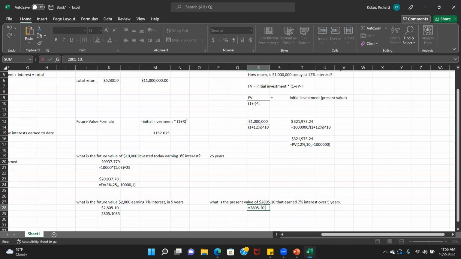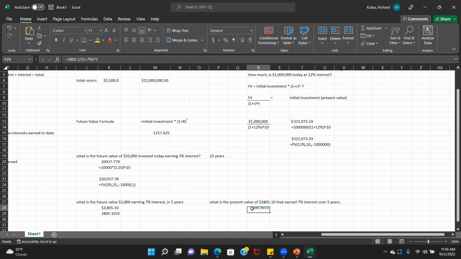$2,805.10 divided by, in parentheses, 1 plus 7% raised to 5. Look at that. With rounding, it's just off, because you see the change here. With rounding, it's $2,000.